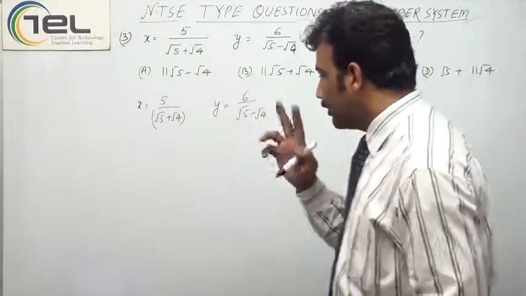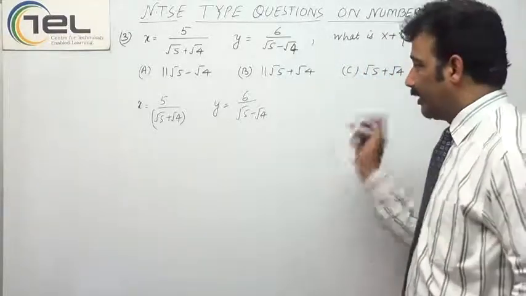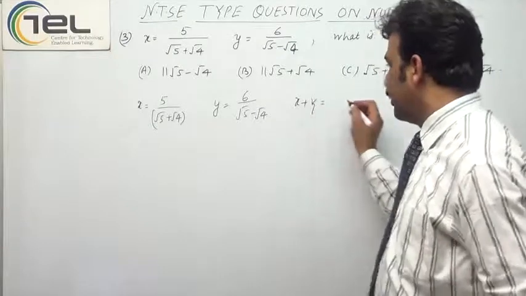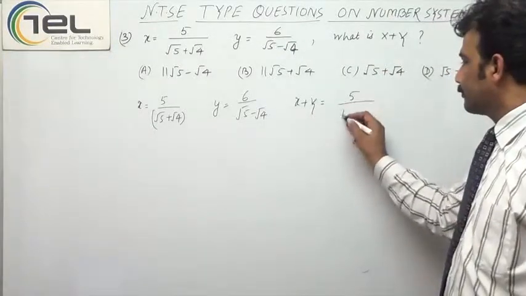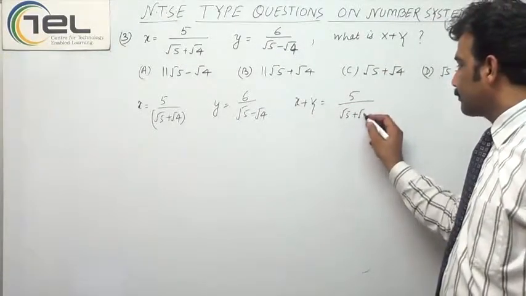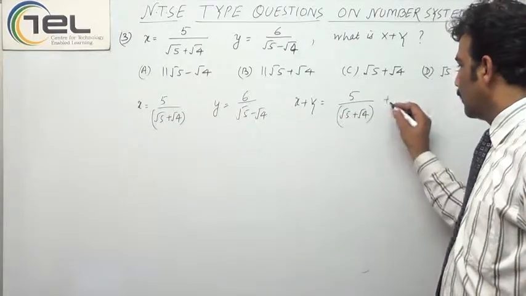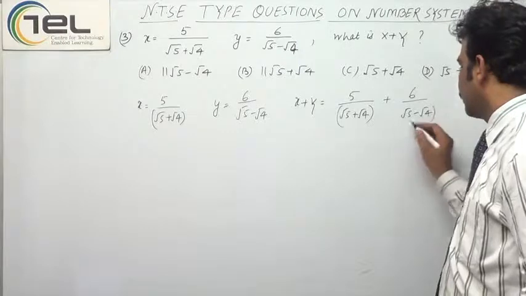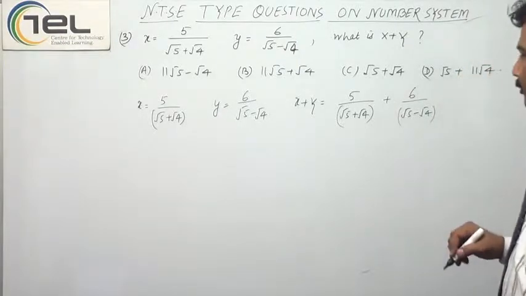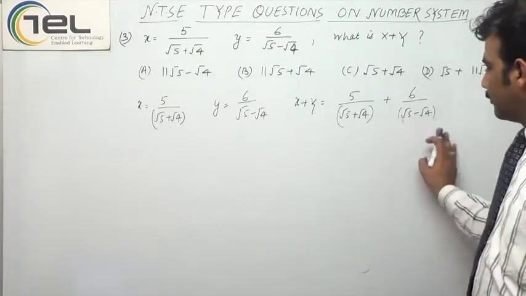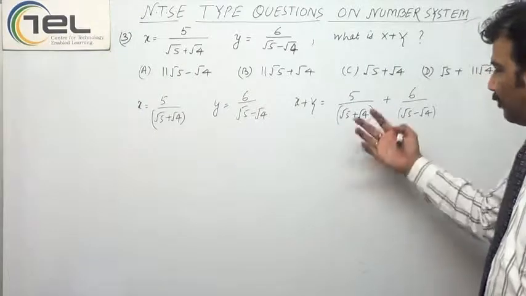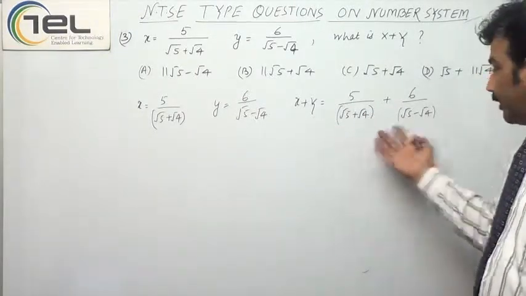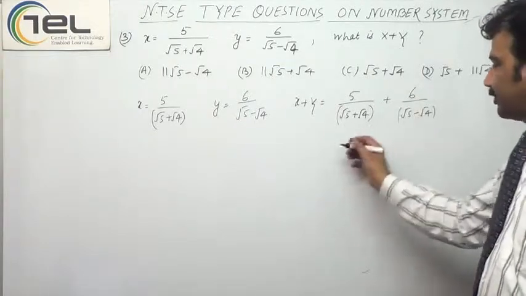So there are two different cases. Either I will directly sum them. So x plus y, I can directly make it 5 upon plus 6 upon. Why am I making it like this? Because if we take LCM, it will be taken care of by default and it will be rationalized.